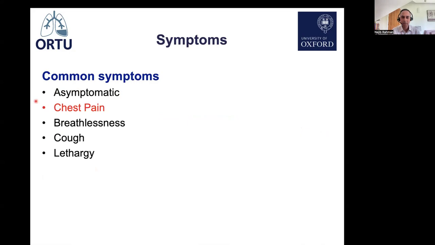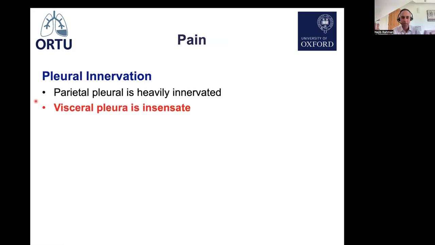Let's just talk about chest pain. Of course, chest pain is well illustrated in all of the textbooks as caused by potentially pleural disease, but we need to think about the mechanism just a little bit. And you will have learned in medical school that the visceral pleura is completely insensate. So the lung surface has no pain innervations whatsoever. If you see a patient with pain, it must mean that the parietal pleura is involved.